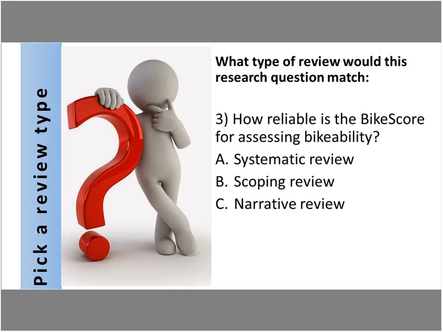And for her purposes, what she was really trying to do was compare different bikeability assessments and help city managers and different groups to figure out which was the best, most efficient or most affordable, or what they could do. So she ended up deciding to do a scoping review.